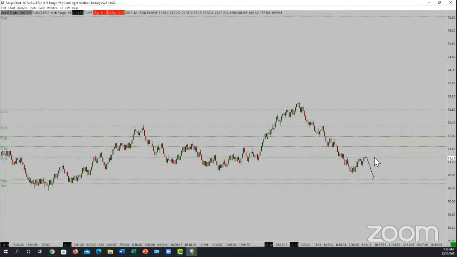It'd be nice for crude oil to get down here and then give us a nice bounce of support from this area, maybe doing a nice little bit of a range for a bit, with resistance right around these 71.34s and support between 53 and 67. If you get up above these 71.66s, next levels up above are 71.97, 72.29, and 72.78. So those are going to be our areas on crude oil as well.